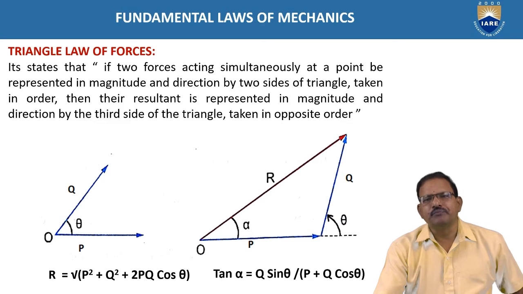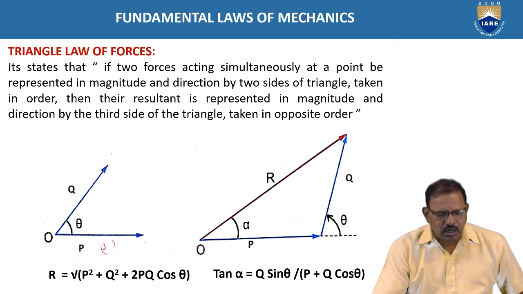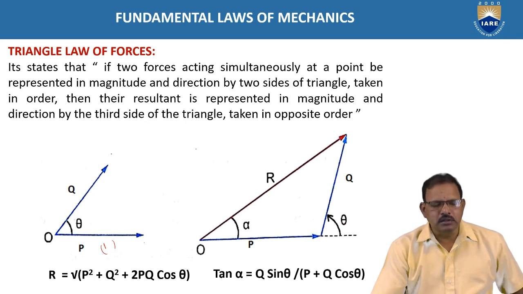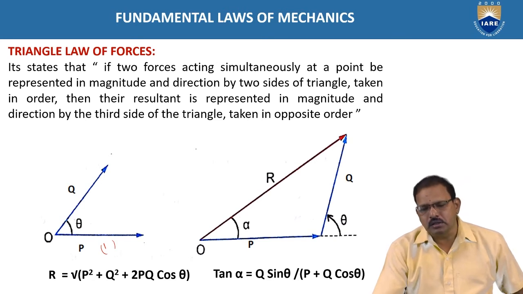Here in this figure, P and Q are the forces which are represented both in magnitude and direction, intersecting at a point O. Let theta be the included angle between P and Q, which is represented in figure number 1. According to the triangle of forces, these forces can be represented as two adjacent sides of a triangle taken in order, both in magnitude and direction.